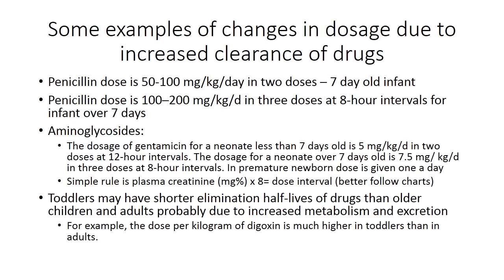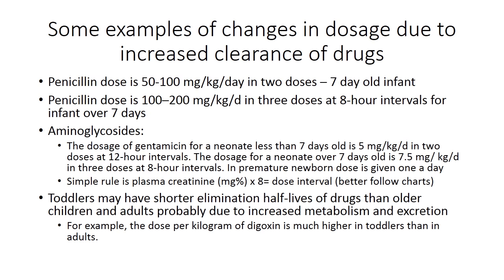The dose of aminoglycoside for a neonate less than 7 days is 5 mg per kg per day in 2 doses, whereas the dose for 7-day-old and over is 7.5 mg per kg per day in 3 doses. That means 8 hourly. In a premature newborn, the dose is given once a day only. That means it depends on whether the neonate is premature or an infant.